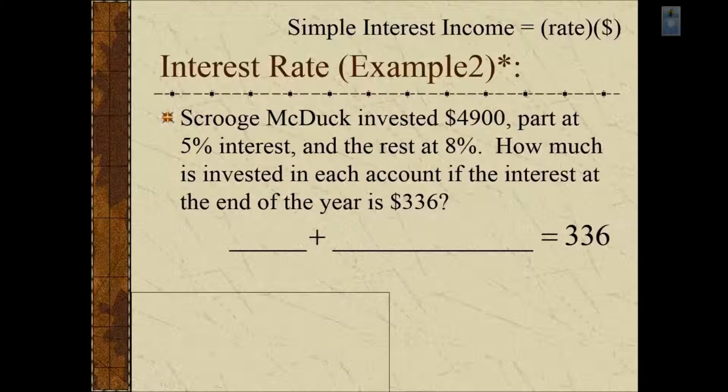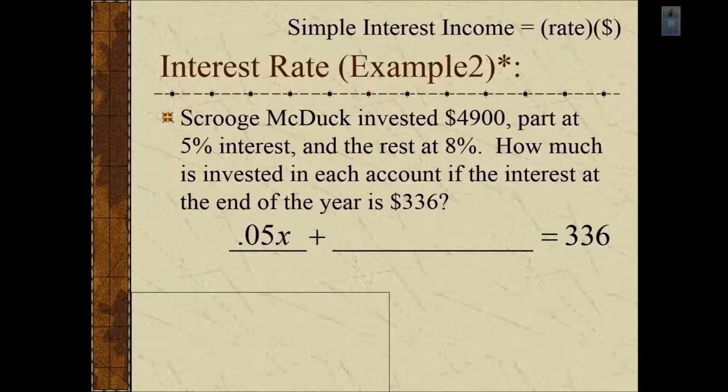The rate for one of the investments is 5%. I'm going to call that as the decimal 0.05 times an amount of money X. I don't know how much money he's putting into that account, but it's some of that $4,900. For the next blank, I'm going to go with the interest rate of 8%, written as a decimal, 0.08. But how much money is left to put into that account?